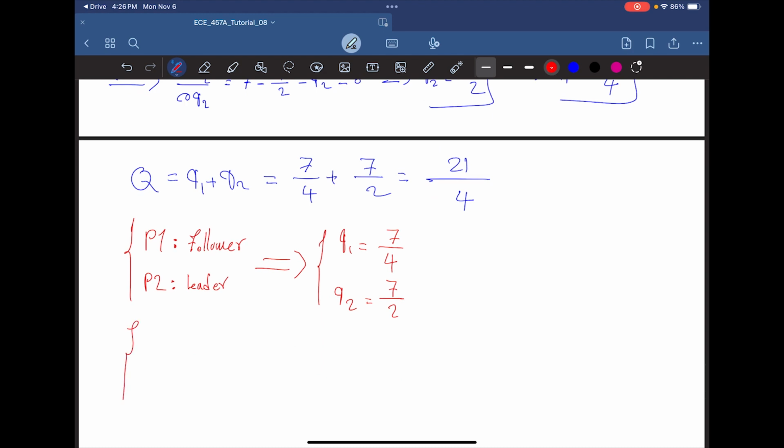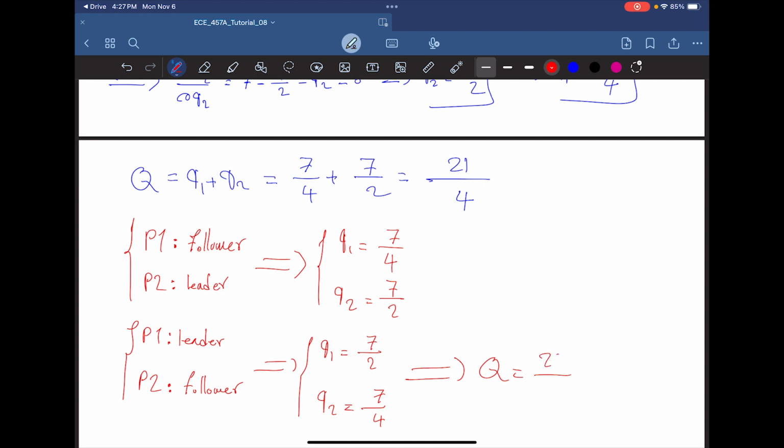Now, if player 1 was the leader and player 2 was the follower, Q1 would be 7/2 and Q2 would be 7/4, and the total is the same. Okay, same total.